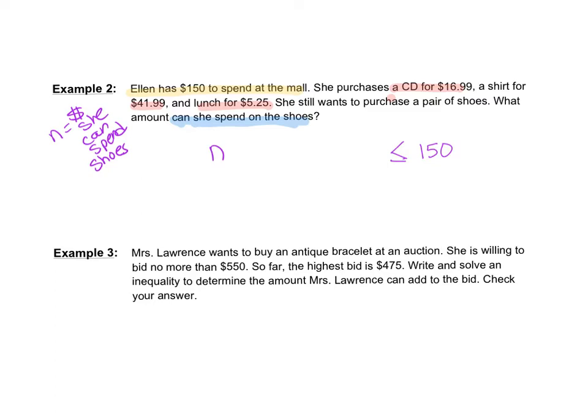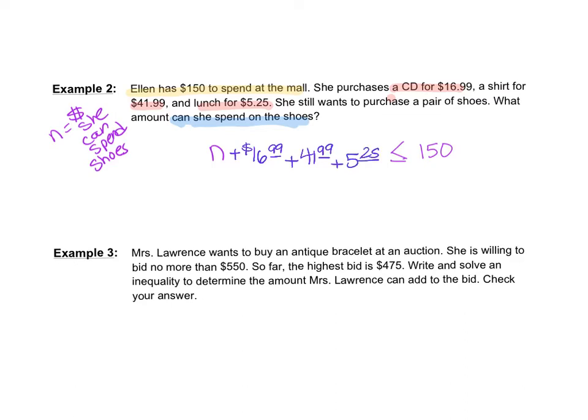She has N for the amount of money she's going to spend on shoes, plus the amount of money she spent on a CD, plus the amount of money she spent on a shirt, plus the amount of money she spent on lunch.